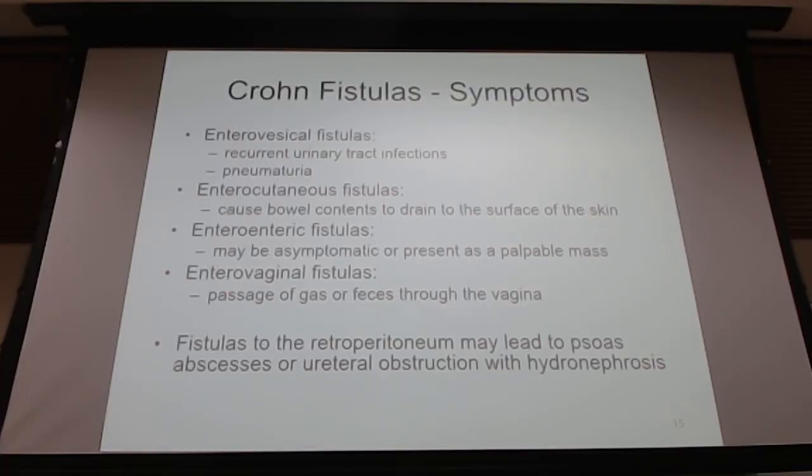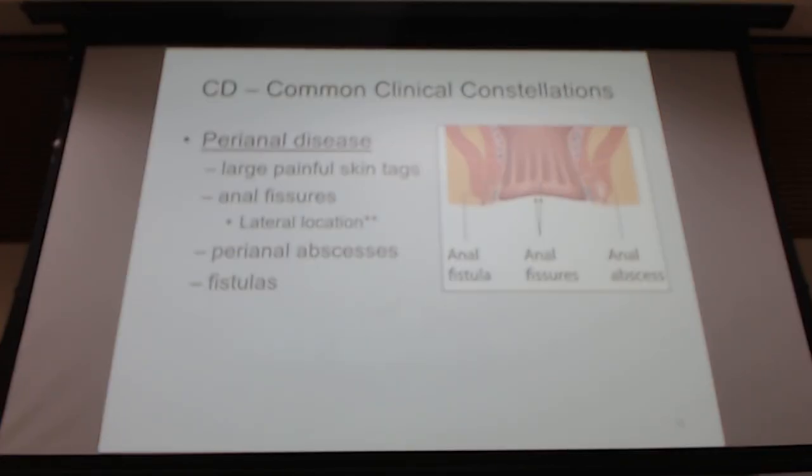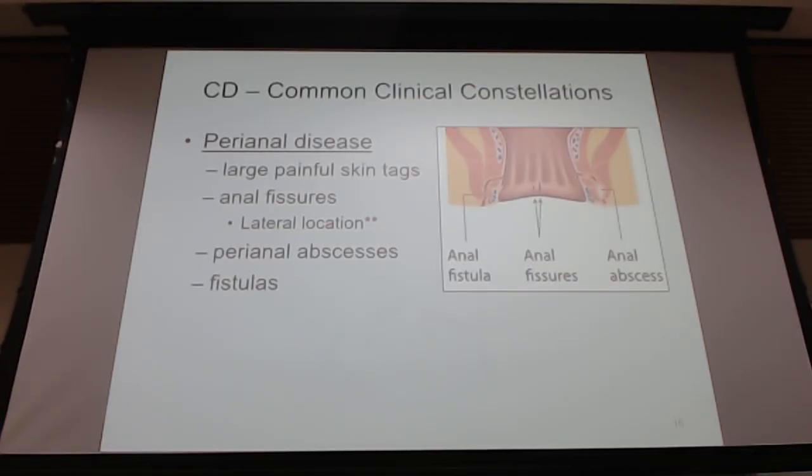You can also see that in the retroperitoneum. It can lead to a psoas abscess, or ureteral obstruction with hydronephrosis. These are significant complications. Now when you get to your exam and you see anything to do with perianal disease, and specifically with fistulas, we need to know that that's Crohn's. We need to make that connection.